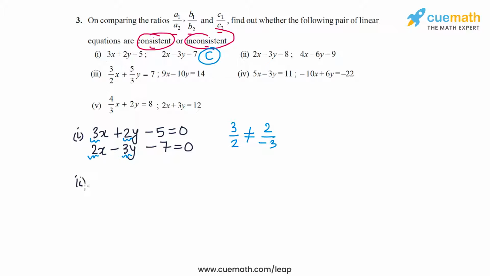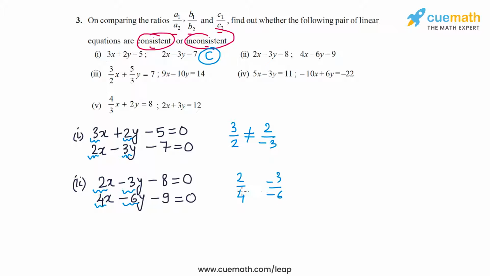Now let's take the second part. In the second part, the two equations are 2x minus 3y equal to 8, or 2x minus 3y minus 8 equal to 0, and 4x minus 6y equal to 9, or minus 9 equal to 0. In this case, a1 by a2 is equal to 2 by 4, b1 by b2 is equal to minus 3 by minus 6.